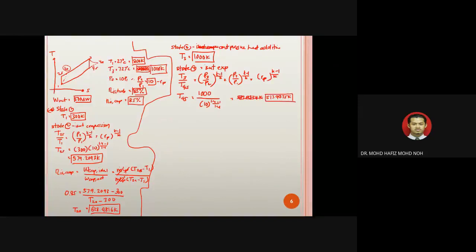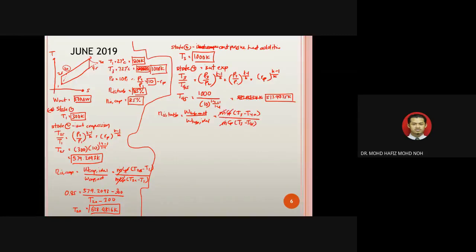And then you can proceed to calculate the isentropic efficiency for the turbine, to find T4 actual. So here, it is equal to W turbine actual divided by W turbine ideal. So here is m dot Cp (T3 minus T4 actual) divided by m dot Cp (T3 minus T4S).